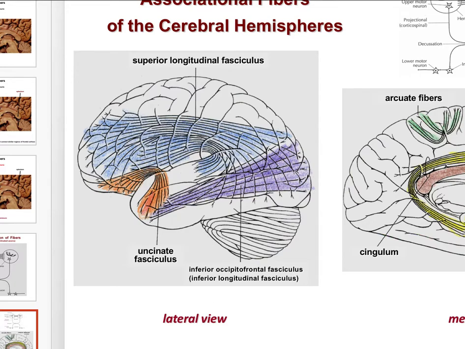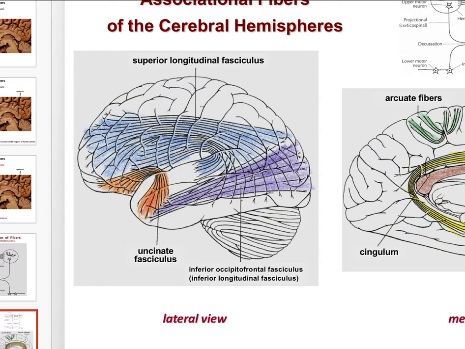Likewise, if we're looking at this inferior occipitofrontal fasciculus here that runs in this domain. These pass below the insula from the frontal lobe and through the temporal lobe and back into the occipital lobe, and its fibers fan out at both ends of the fasciculus. And then the uncinate fasciculus.